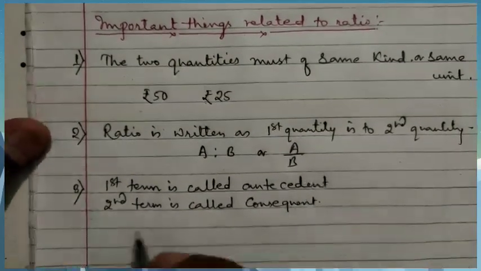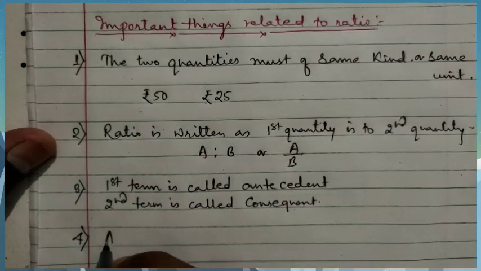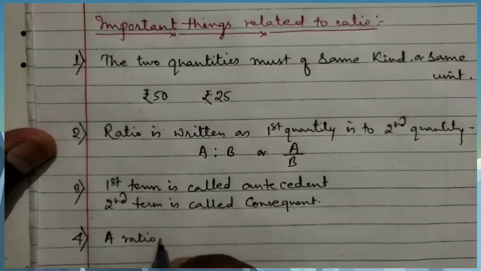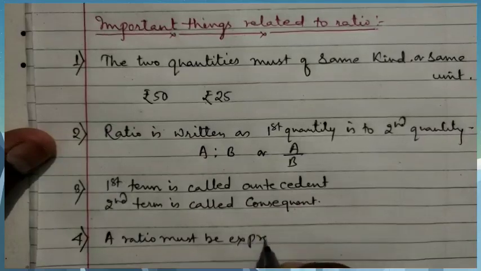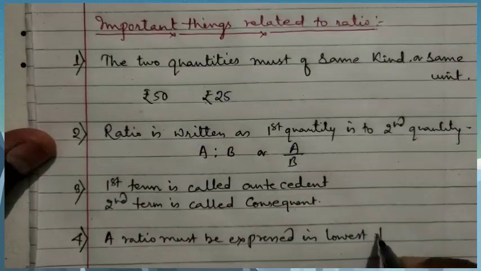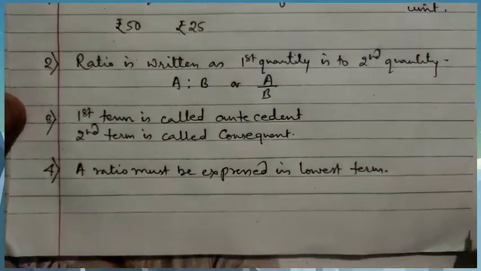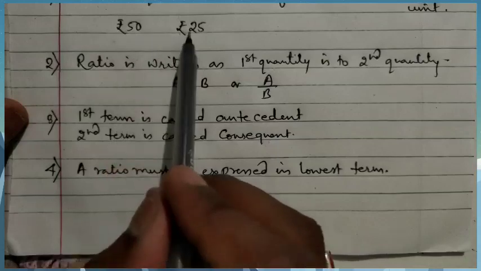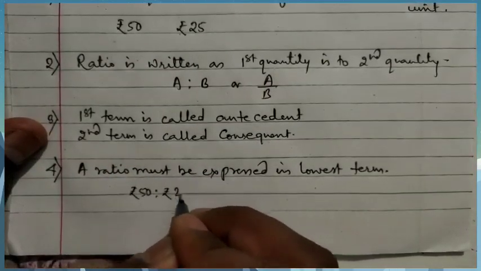The fourth rule: a ratio must be expressed in lowest terms. Suppose let us take the same example, rupees 50, rupees 25. Rupees 50 ratio rupees 25.